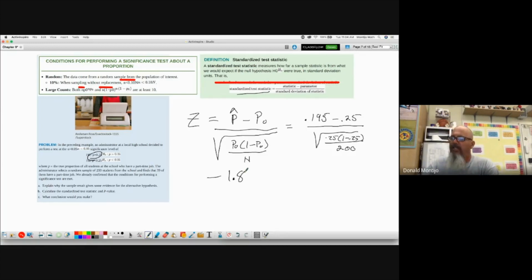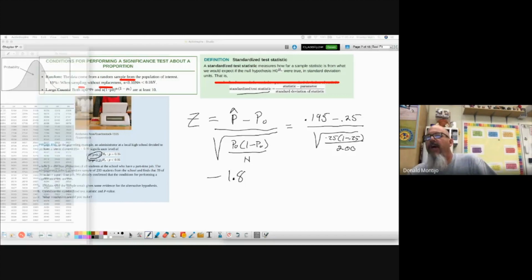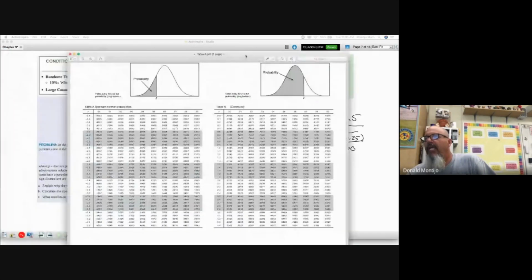Well, how does that then help me find the p-value? Well, first let's look at our favorite table, table A. So assuming the null is true, that the mean is 0.25, what's the probability of getting a sample of 0.195 or smaller? If we grab table A and look it up, this is where we're going to find this magical p-value. Remember, z was negative 1.8.